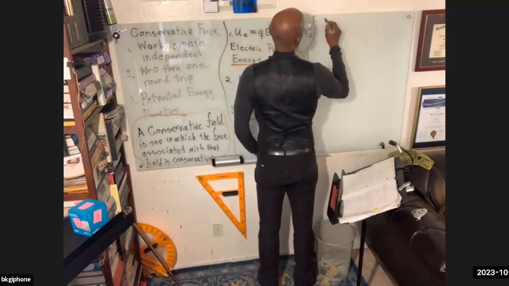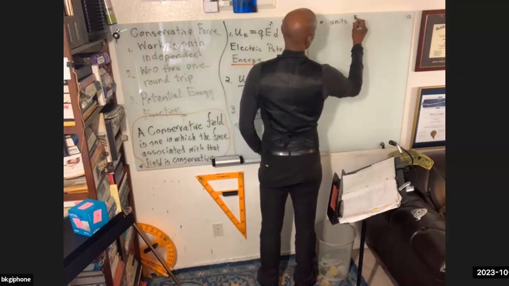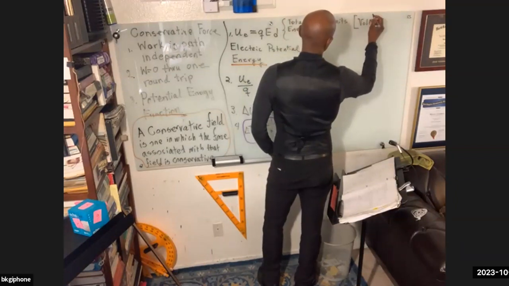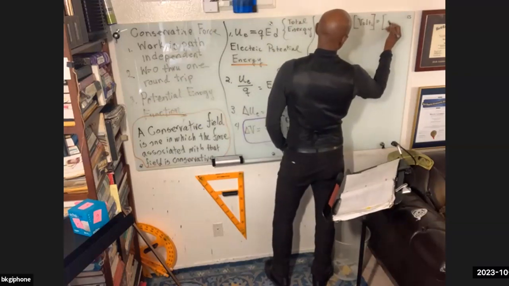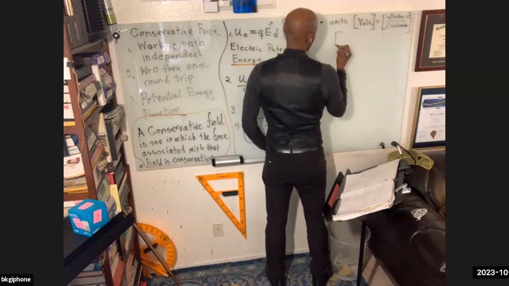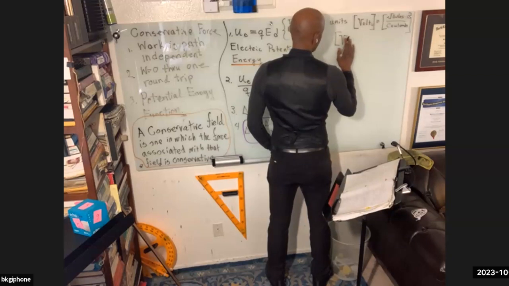So electric potential has units of volts. A volt is named after the physicist Volta. I'm not sure of his exact name. Joules per coulomb, and the symbol for volt is a capital V because it's named after Volta, a proper name, so you always capitalize it.